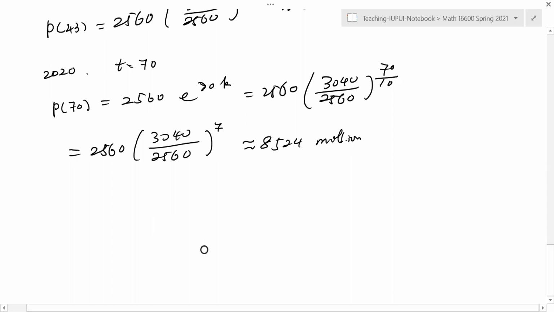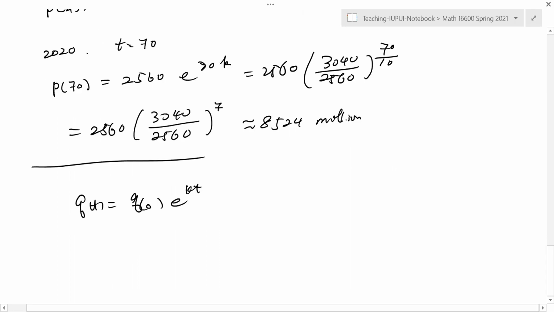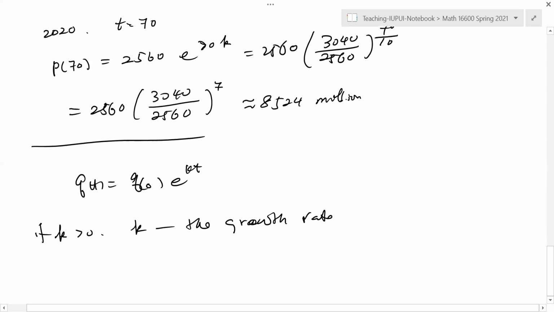But let's take a look at this formula again. e to the kt. Now k could be negative, could be positive. If k is positive, k is called the growth rate, and the quantity grows exponentially.